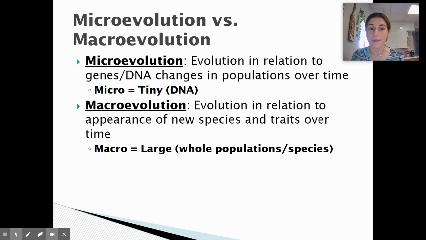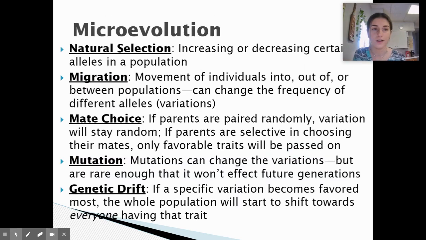Next, we have macroevolution, which is evolution in relation to the appearance of new species and traits over time. And the root word macro means large, which is why it's a whole population or species.